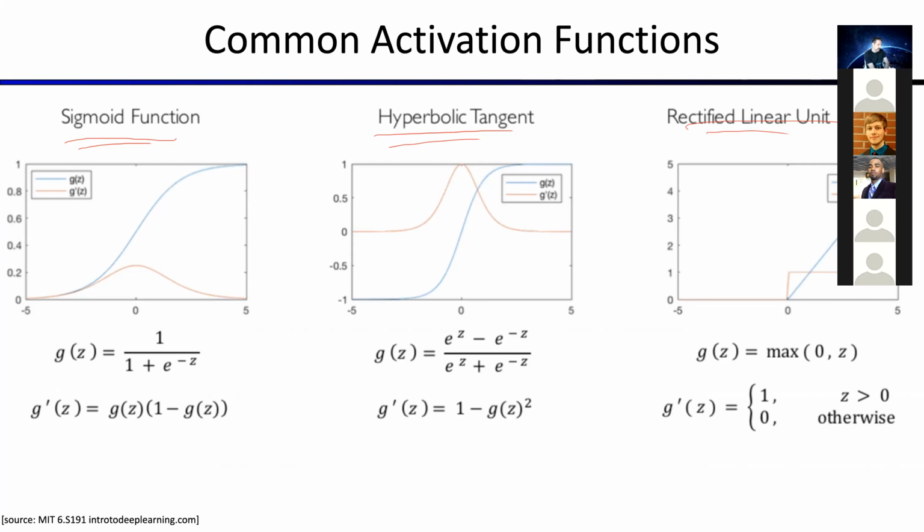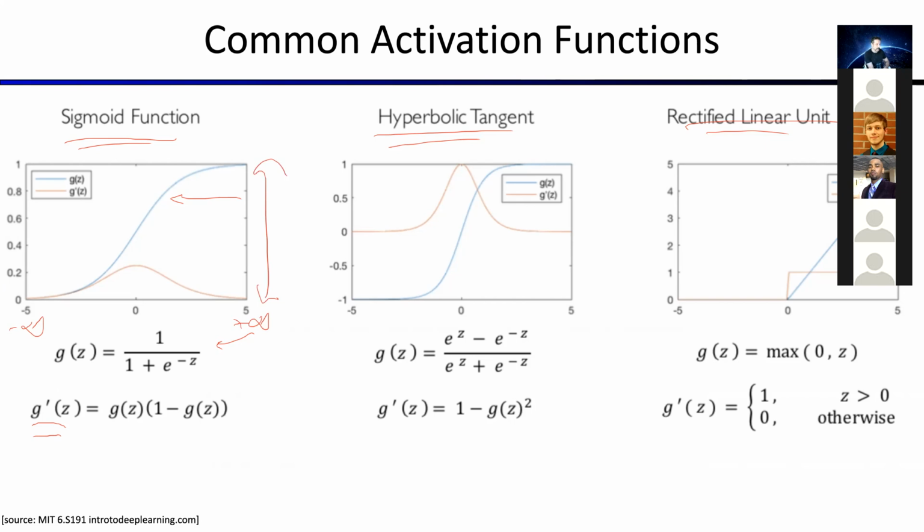For example, we had this sigmoid function before for use in multi-class logistic regression. It has a very simple formula, and the gradient of the sigmoid itself is very simple to calculate. It transforms the input from minus infinity to positive infinity into a value between 0 and 1.